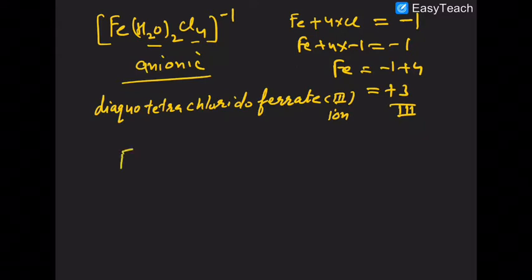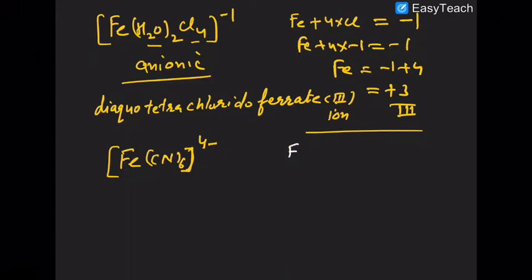Now next is [Fe(CN)6] 4 negative. So CN carries charge of -1. So you will first calculate the oxidation number.